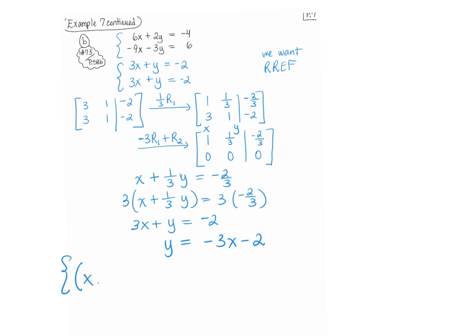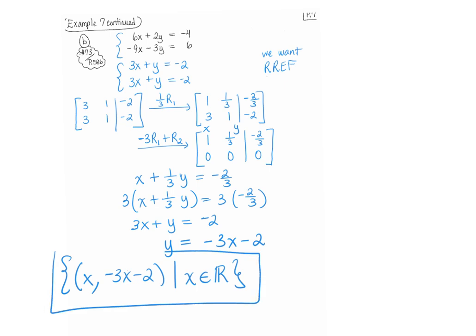It's x, comma, y is negative 3x minus 2, such that x is a real number. This gives us our solution here: the set of all points x, negative 3x minus 2, such that x is a real number. Okay?